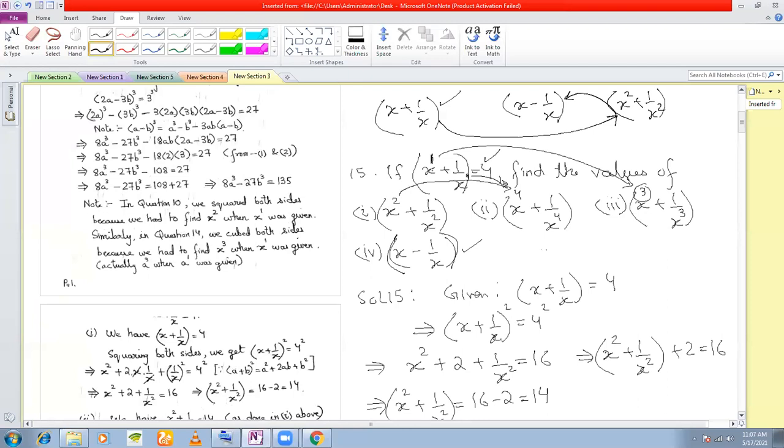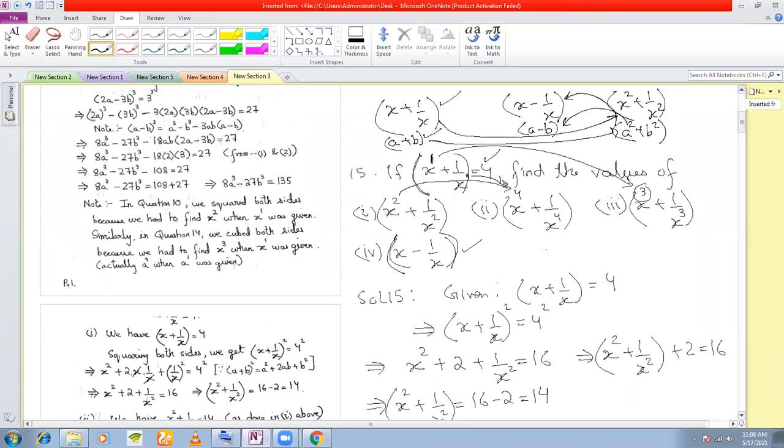That is because when you know the value of a plus b, you cannot directly find out the value of a minus b unless you remember the special identity that I gave you. What you do is move from a plus b to a square plus b square. You first find a square plus b square, and then we can find a minus b. That is the reason.